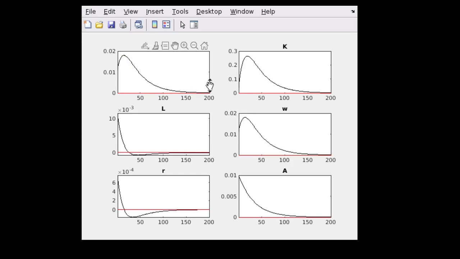The picture is very similar for capital. For consumption, capital, wages, then it is different. It goes back to equilibrium much quicker for labor and return on capital. The IRF for total factor productivity is just the trajectory of an autocorrelated exogenous process.